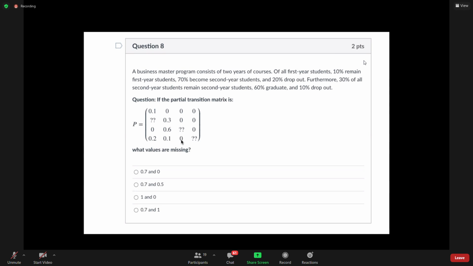That's why they have a 0% dropout rate. The fourth column, on the other hand, describes the fact that this is the final state of your matrix, where you have 0, 0, 0, and the percentage of 100% for the people who have imaginarily dropped out because they are not in the master's program anymore.